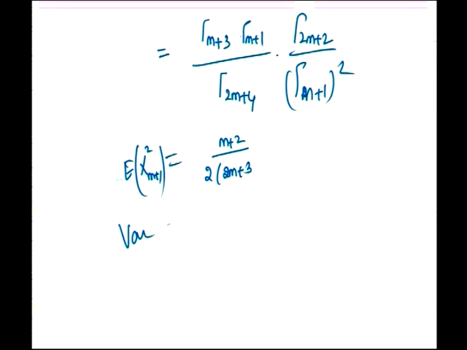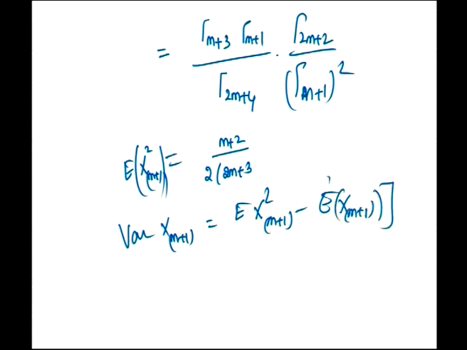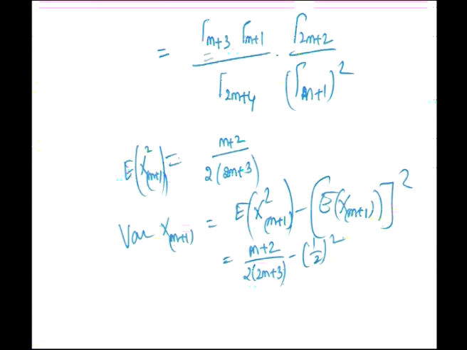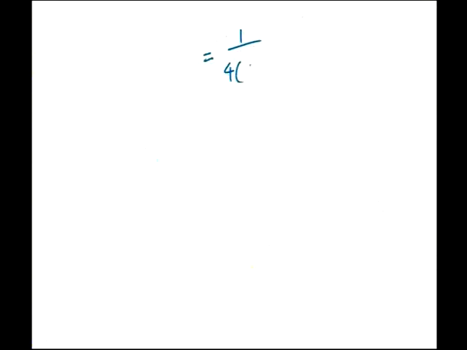So, for variance, variance of the x m plus 1th observation is equal to expectation of x square of the m plus 1th observation minus E of x m plus 1 whole square, that is m plus 2 by 2 into 2m plus 3 minus 1 by 2 whole square, and this answer comes to be equal to 1 by 4 into 2m plus 3.